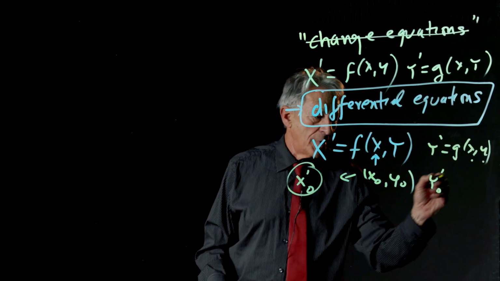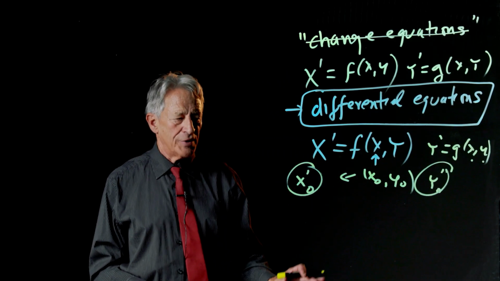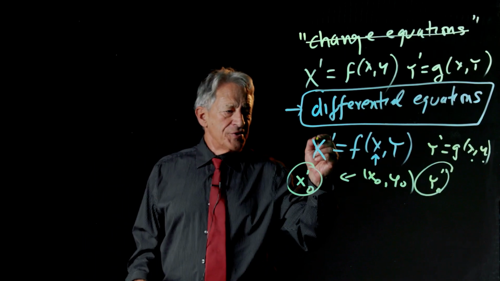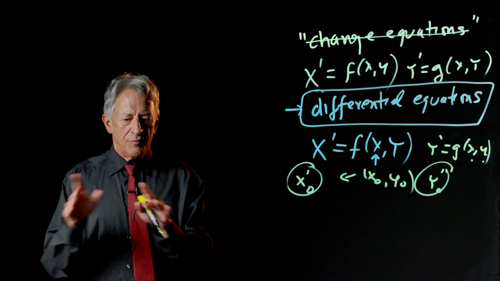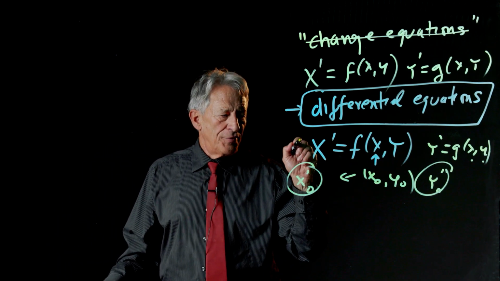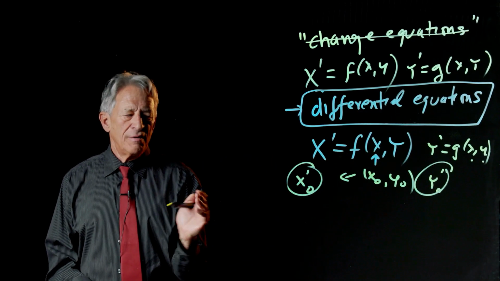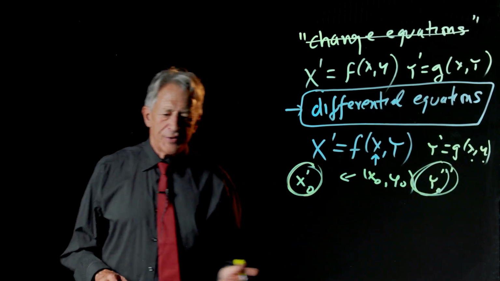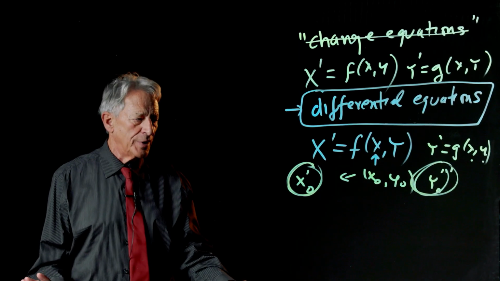The x0 prime and the y0 prime are the changes at the point x0, y0. In other words, we're not going to view this as a piece of language that we're going to manipulate. The differential equation is a machine for spitting out change vectors.